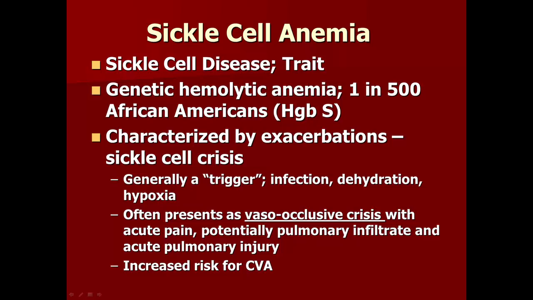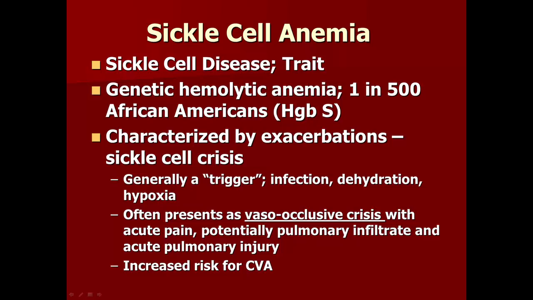The normal biconcave shape of the red blood cell of someone with sickle cell anemia, when it's in a low oxygen environment, changes its shape and it sickles because it has abnormal hemoglobin S.